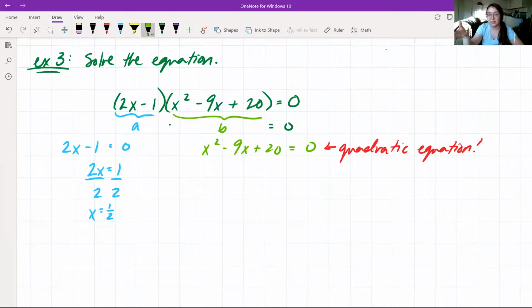We need to factor our trinomial within our quadratic equation. So we need to find numbers that multiply to 20 and add to negative 9. These numbers are both going to be negative since we have a negative middle term, but a positive last term. And these numbers are going to end up being x minus 5, x minus 4 is equal to 0.